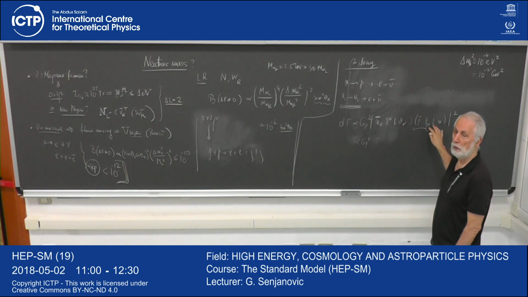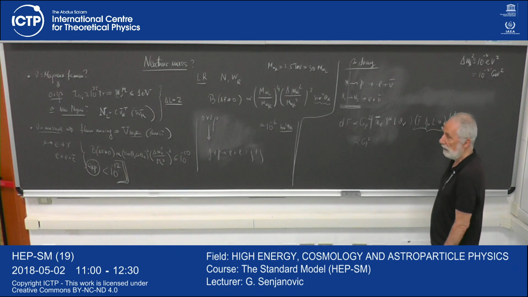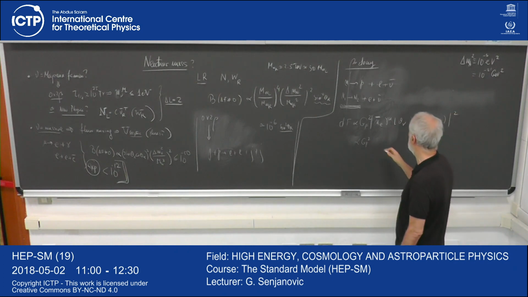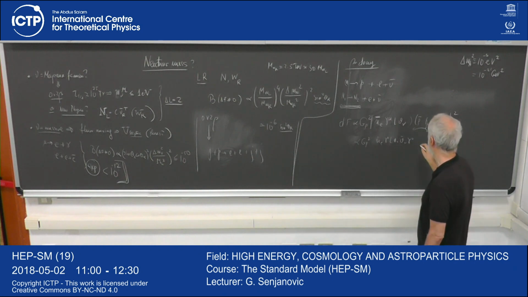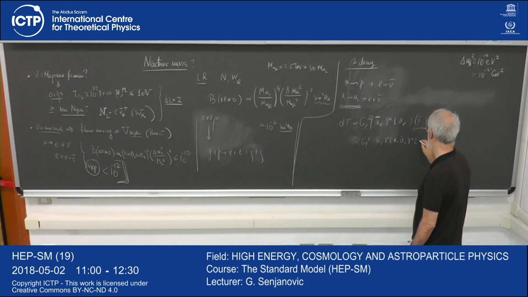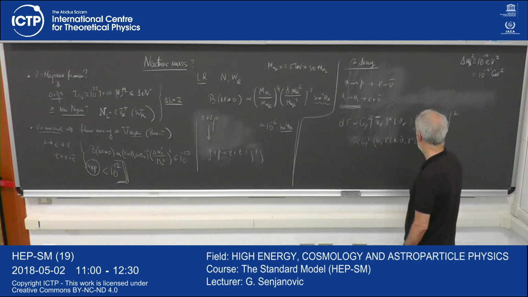This I won't compute. I know it's going to be some quantity which is order 1. So what I'm going to have is gamma electron gamma 0 L, v nu bar gamma 0 L u e, and then the sum over spin.